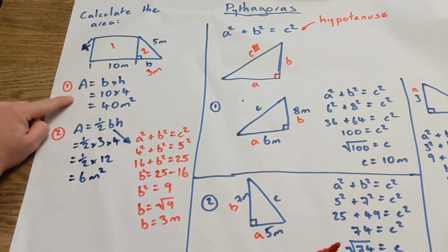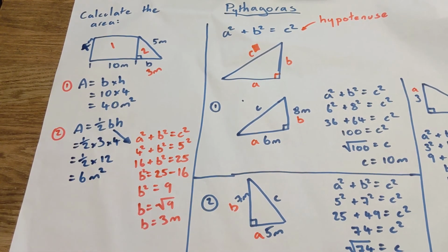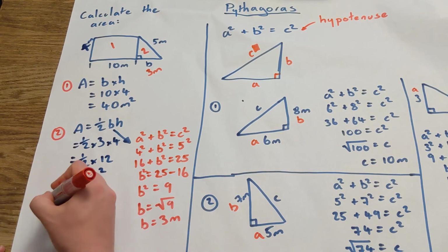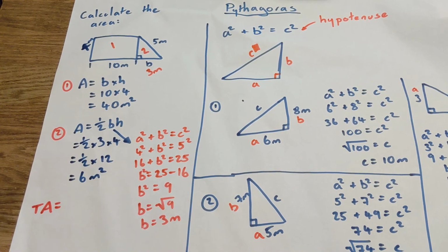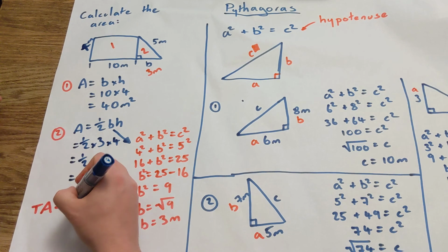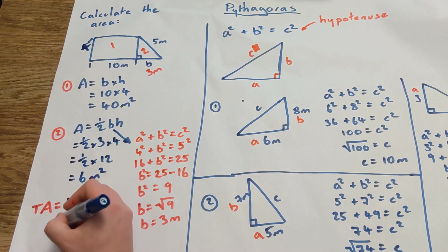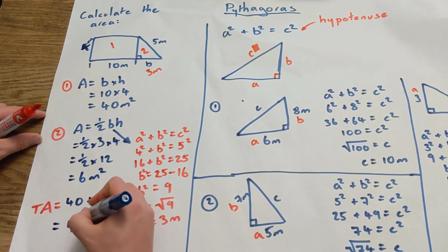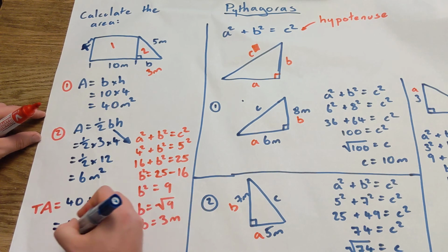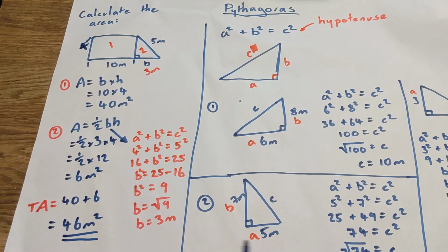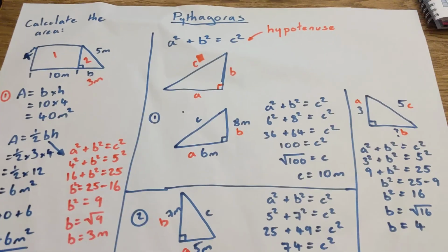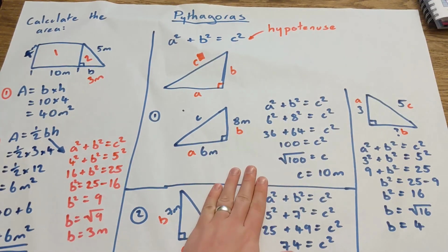So that's the area of shape 2. And so then my total area, I'm just going to write TA, that will be 40 plus 6, which equals 46 meters squared.